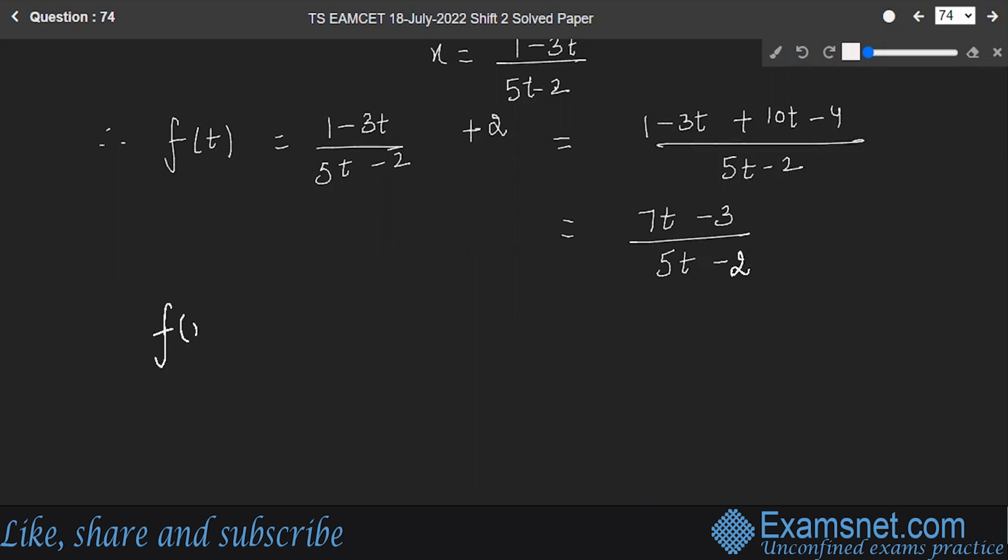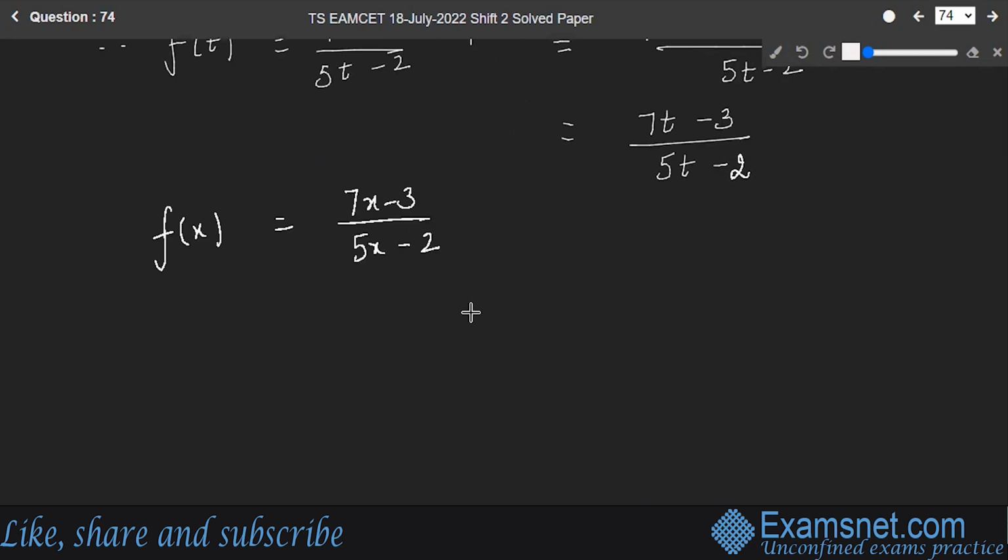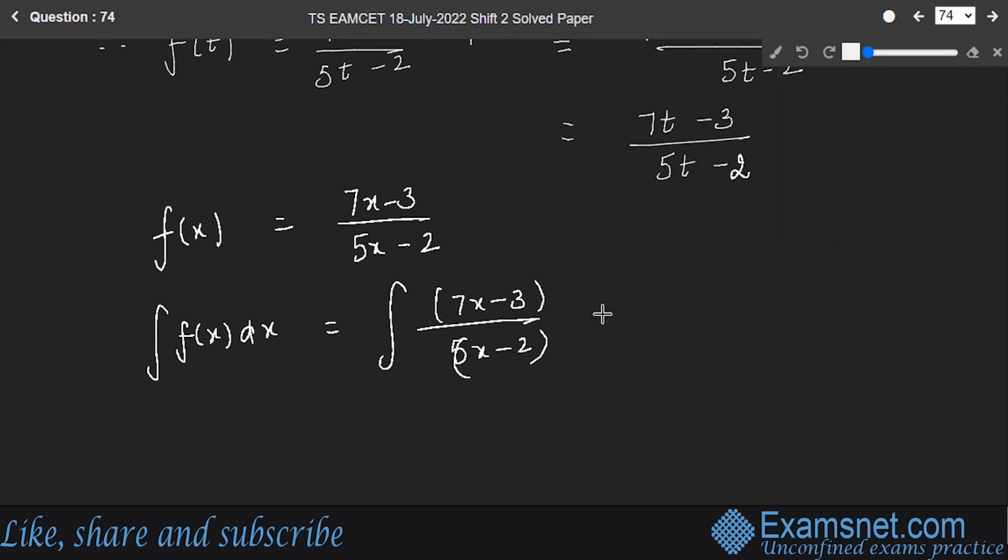Right? Also, f(x) was equal to (7x minus 3) upon (5x minus 2). So, let's find out the integral of f(x) dx. This is equal to the integral of (7x minus 3) upon (5x minus 2) dx.